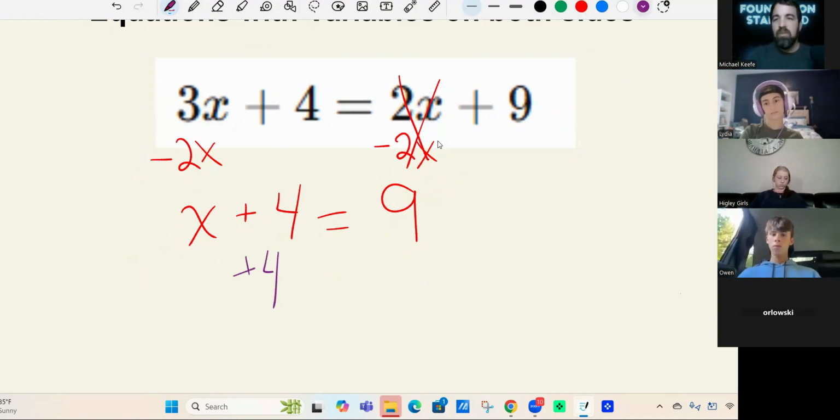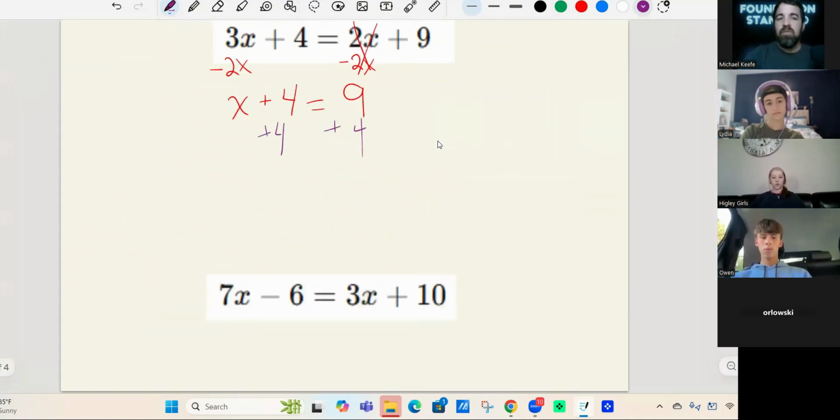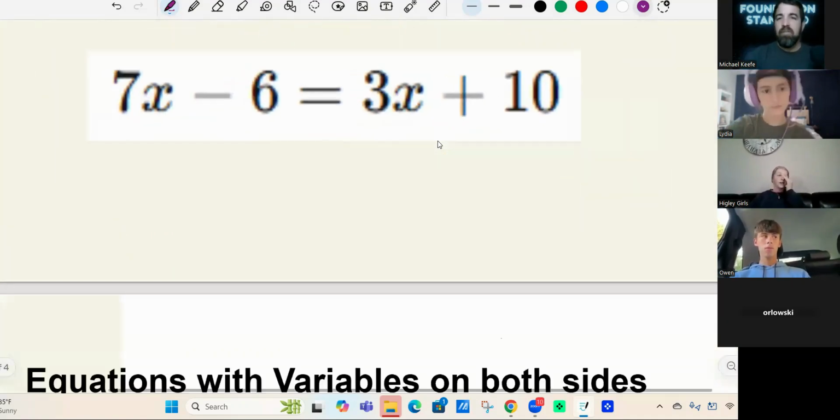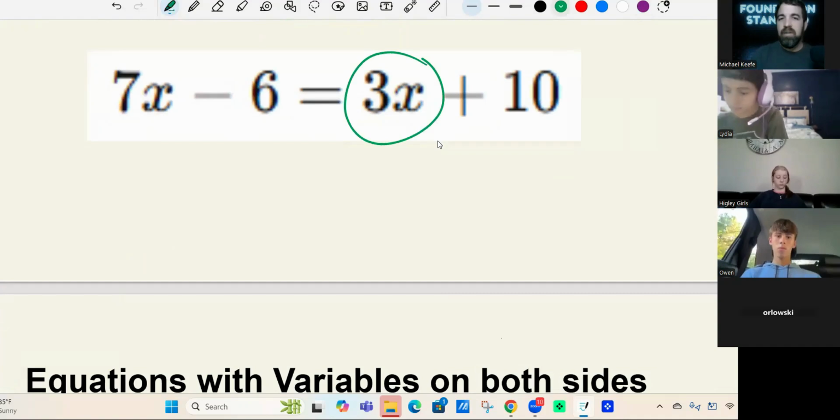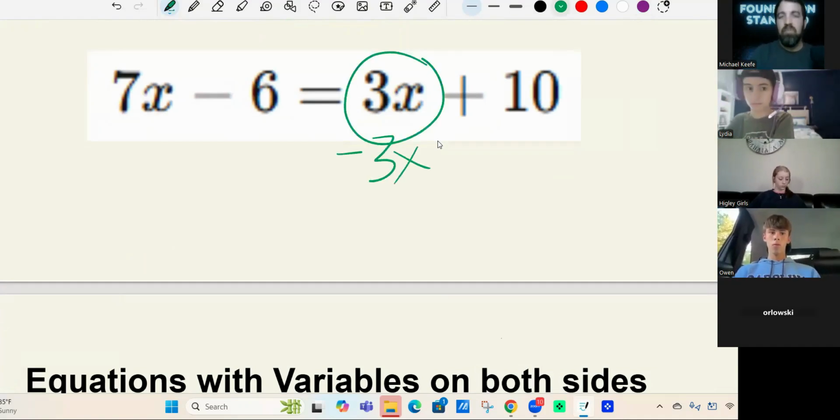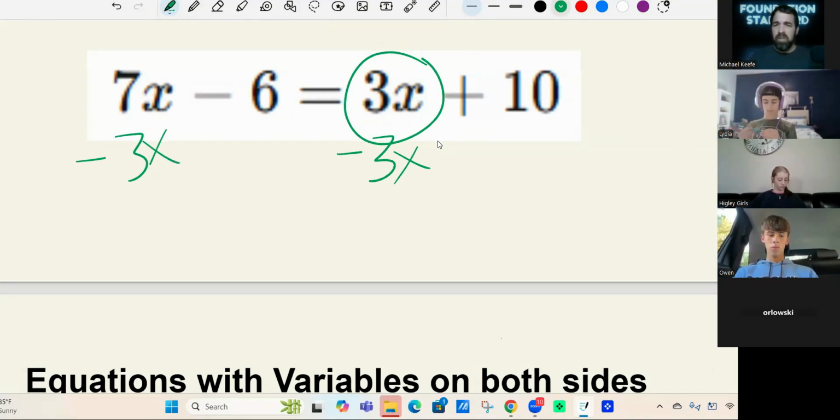And you would just do the opposite operations like we were doing last week, solving. So anytime you see an equation that has two variables and one's on one side, one's on the other, just identify the smaller one, whatever that one is, and subtract it to move it over. So equations with variables on both sides are pretty easy.